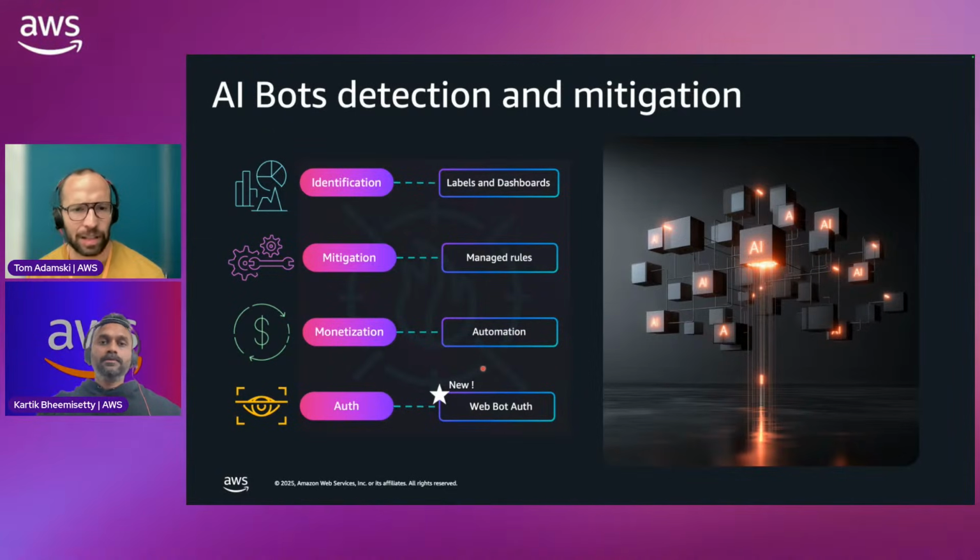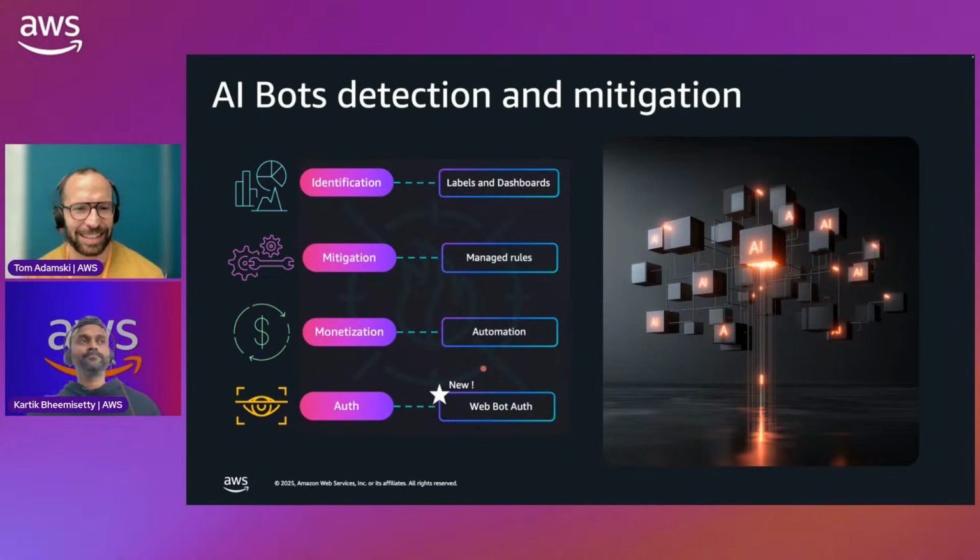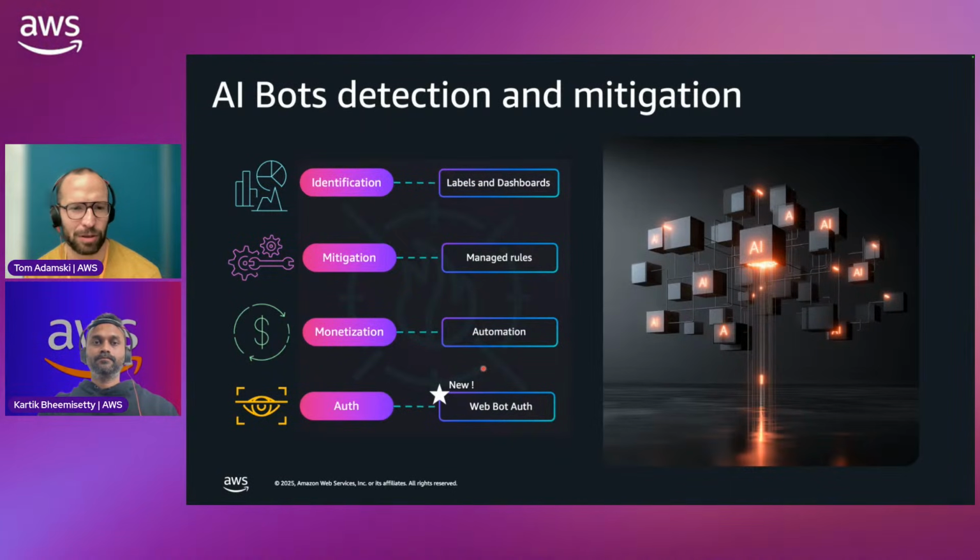Got it. So Karthik, I think this is probably a good slide to end on, considering we have 2 minutes left and we need to start winding down. So it sounds like for bots, we now have Web Bot Auth, which is fairly new, and right now it only works with Bedrock. So I have to register with Bedrock so that I can become an authenticated bot ultimately, right?